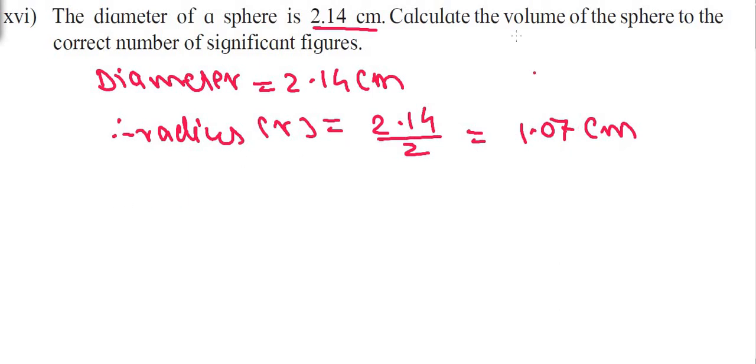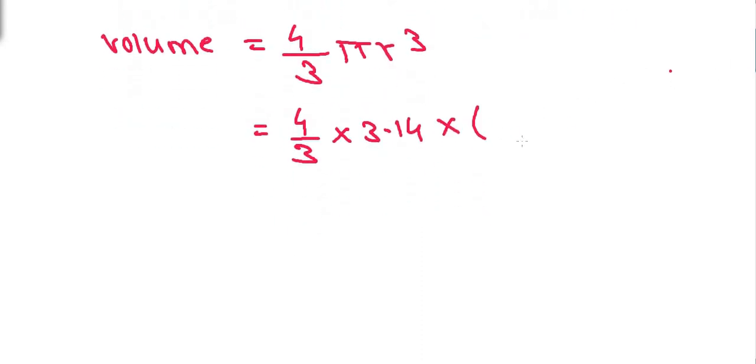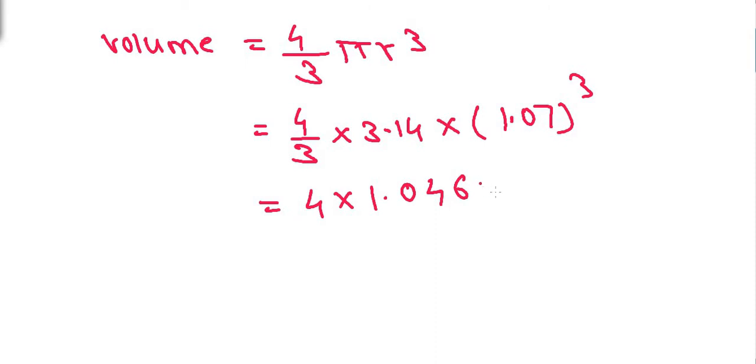Now we need to find the volume. Volume of a sphere is equal to 4 by 3 pi r cube, that is equal to 4 by 3 into 3.14 multiplied by r cube. Now radius is 1.07, so 1.07 cube, that is equal to 4 multiplied by 3 ones are 0, 3 fours are 12 and 3 sixes are 18, multiplied by 1.07 cube, 1.225.